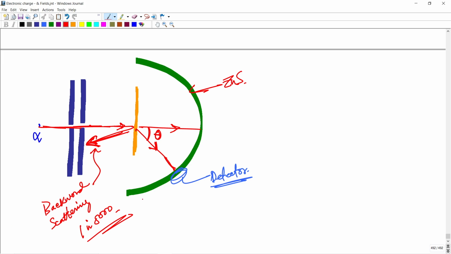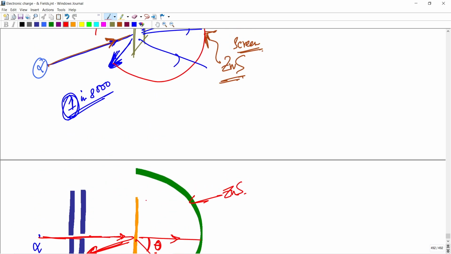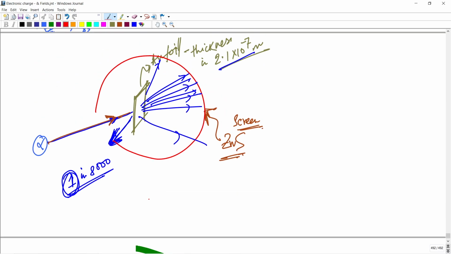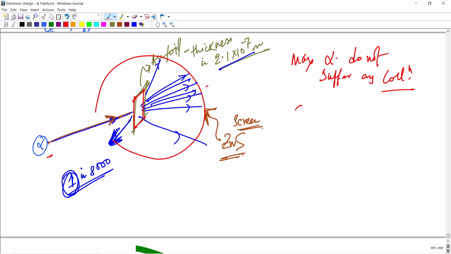If I say that the maximum number of alpha particles do not suffer any collision, meaning a collision between the gold foil and alpha particles, they just pass through the foil.